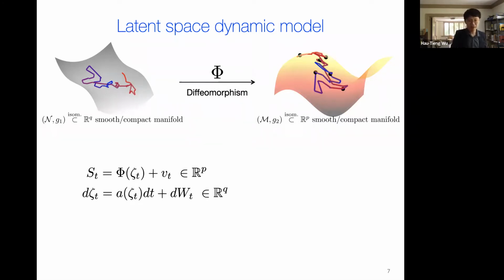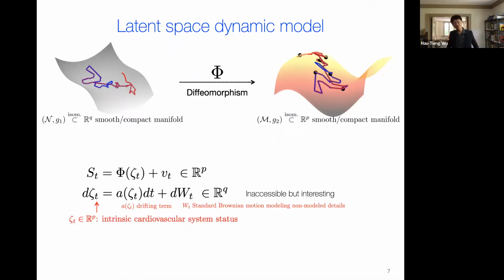What we have is the underlying latent space dynamics, called zeta t. This zeta t satisfies a stochastic differential equation, where A is the drift term describing what's going on, and dWt describes some tiny fluctuations that we cannot quantify.